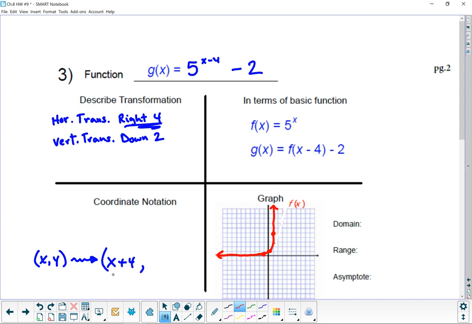Notice this is always going to be opposite of this right here. Keep that in mind. And then y is going to be down 2, so it'll be minus 2. And notice this right here will always be the same as this right here.